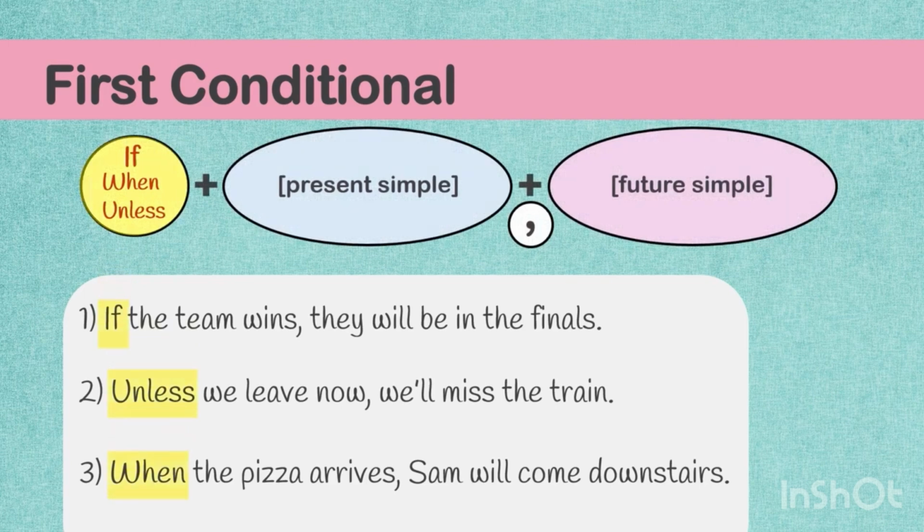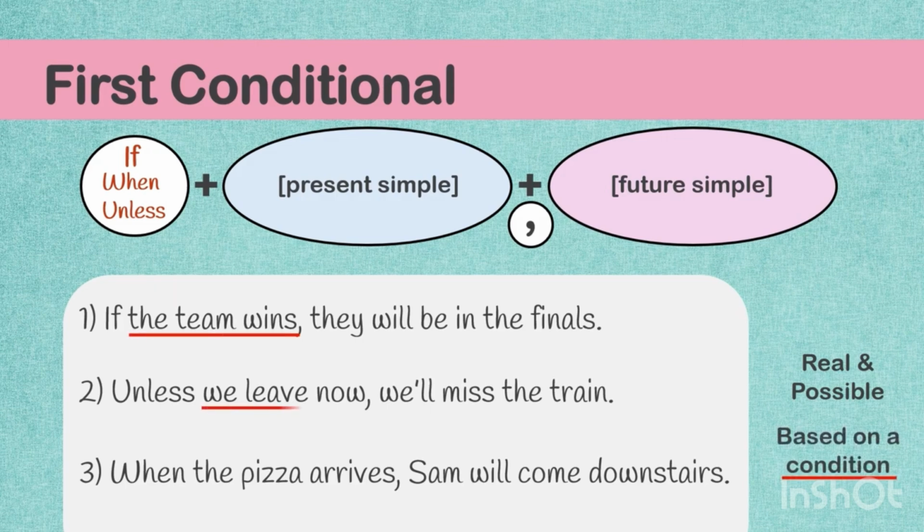If, when, or unless, followed by a clause in present simple, then a comma, then a clause in future simple with will or another modal verb. These sentences all refer to real and possible future situations based on a condition. The team wins. We leave now. The pizza arrives.